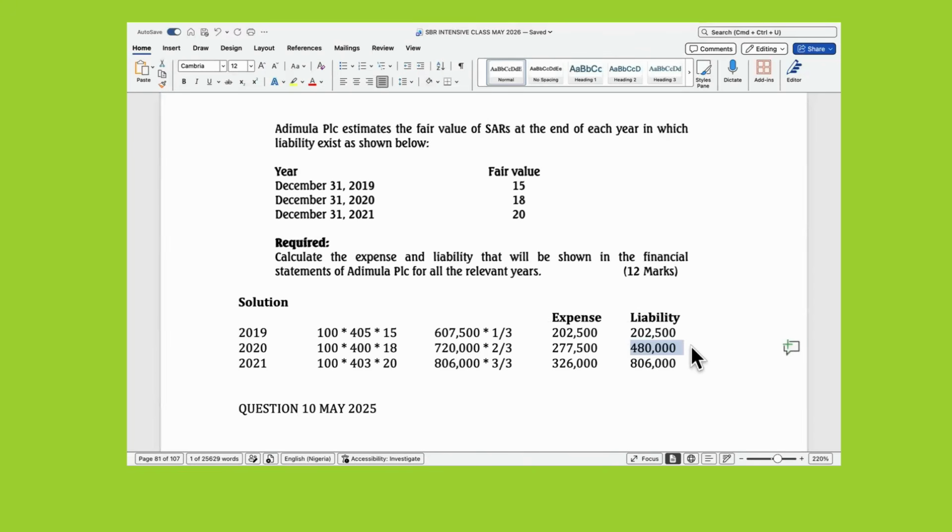And that increase in liability from 202,500 to 480,000 is what we are going to recognize as an expense, which is this minus this.